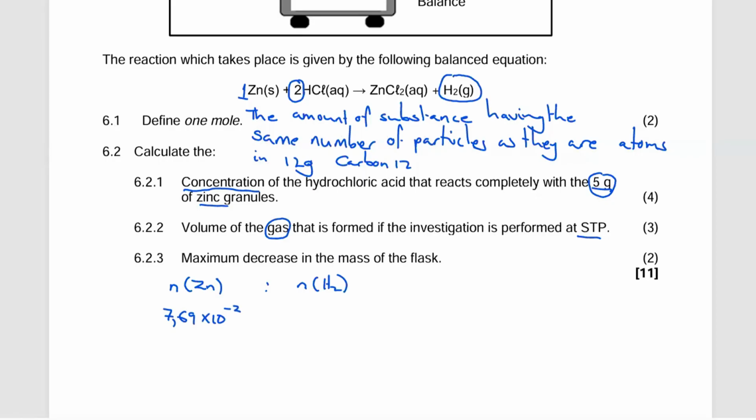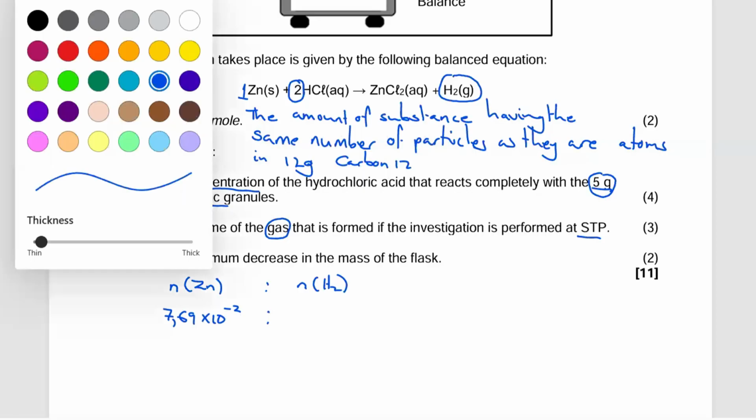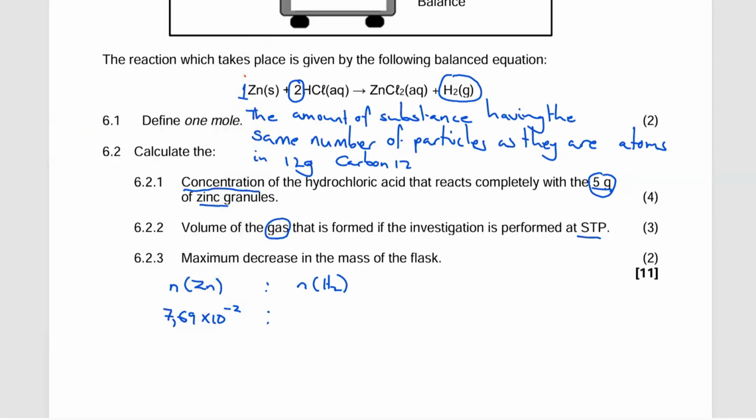And then what am I going to have, right? Before I can proceed, I need to look at this one. Let me use a different color so that you can easily identify. Let's look at our zinc there. We said zinc is having how many moles? 1 mole, right? And our hydrogen is also having 1 mole.